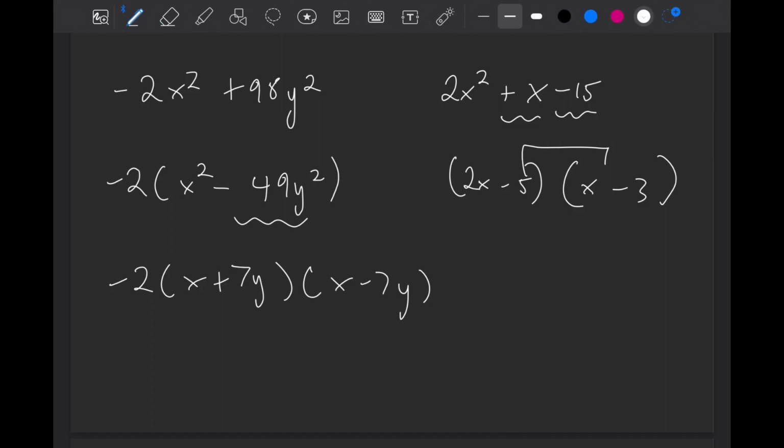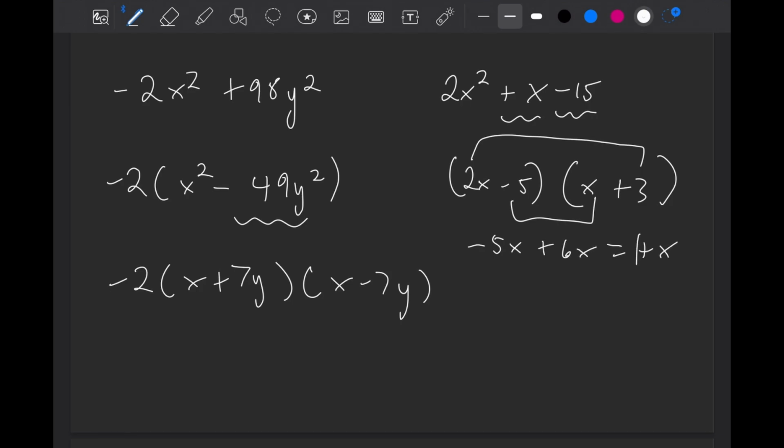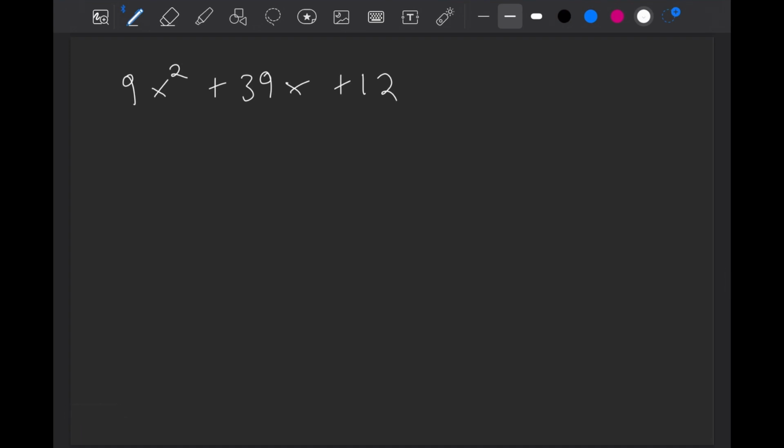If we do minus 5 and plus 3, check the innermost and you'll get minus 5x, and then check the outermost, 2x times 3 is going to be 6x. So that's plus x. That's good, so that's our answer. Okay, now try doing this one.